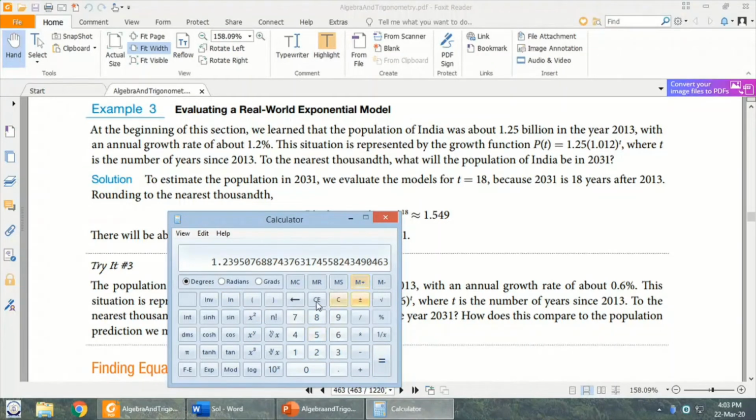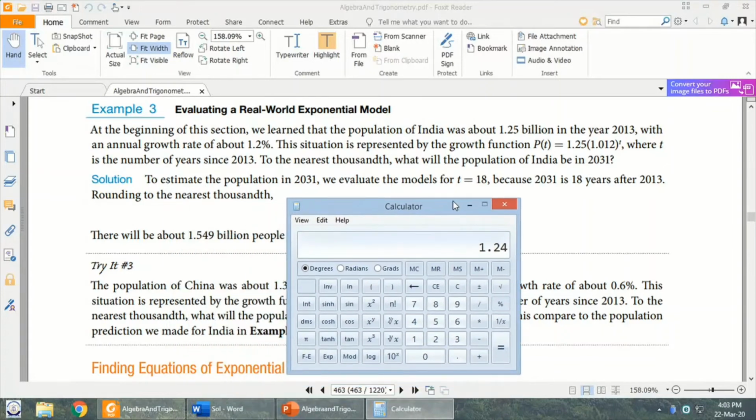Okay, so now 1.24, obviously, is multiplied by what was the initial value? 1.25 billion. So now if you just multiply by 1.26 billion instead, that means the initial value has changed.